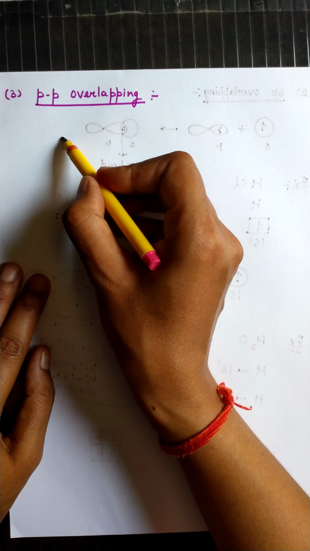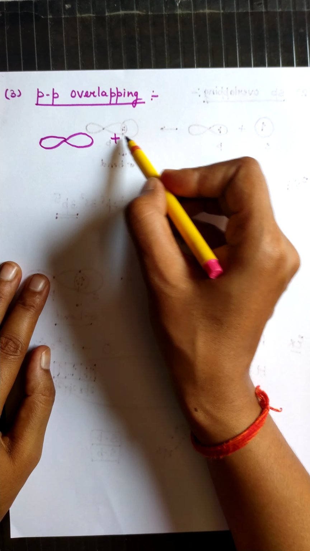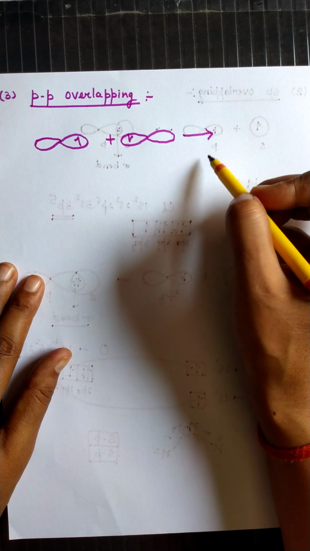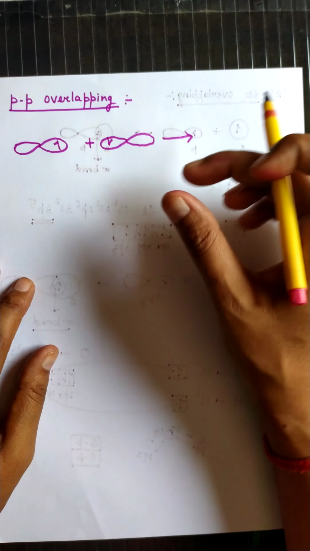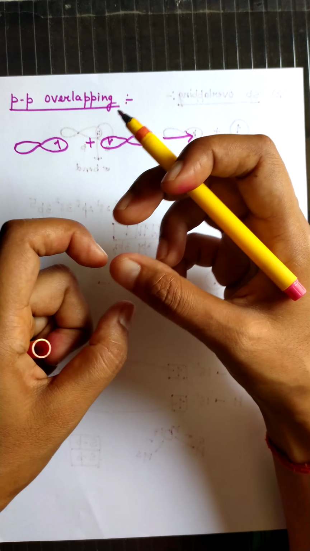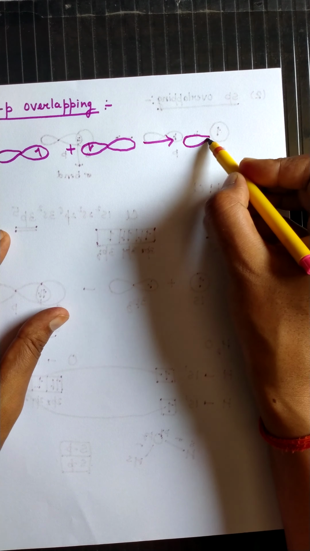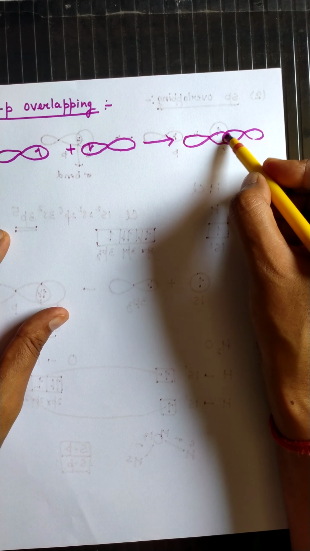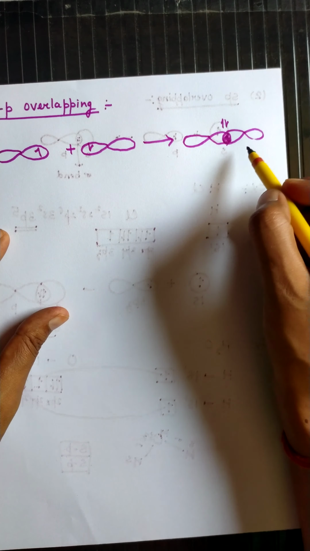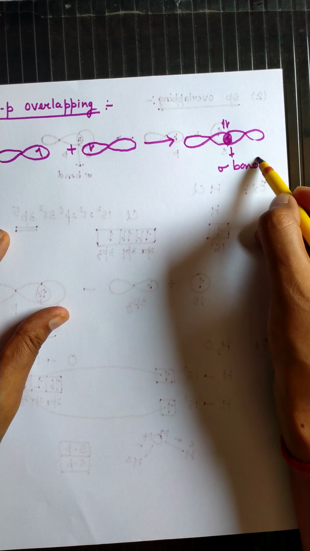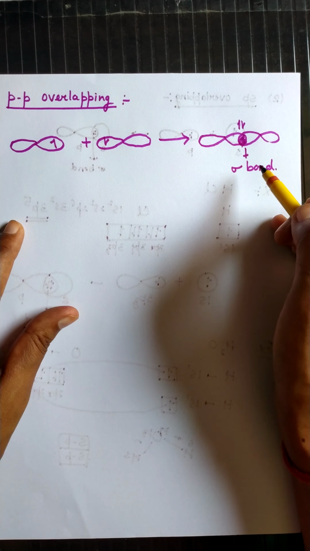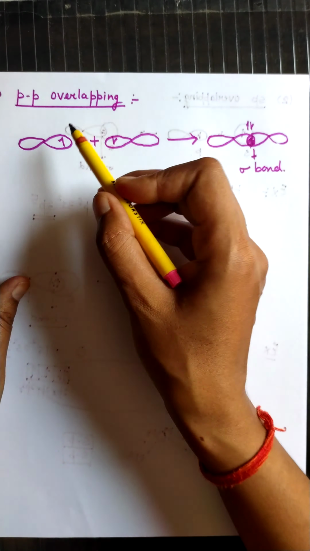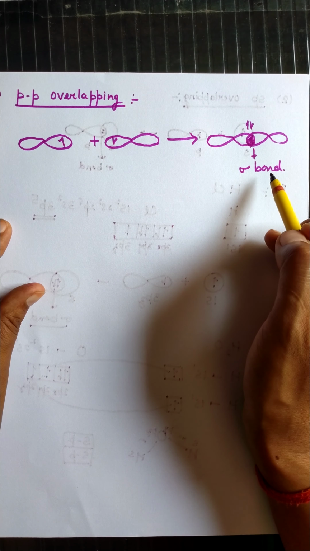In this overlapping, two p orbitals having electrons of opposite spin get overlapped with each other head on, means at the top. इसको कहते हैं हेड ऑन, मीन्स दोनों के हेड ओवरलैप कर जाएंगे. तो हमारे पास में डायग्राम है वो कुछ इस तरह का आएगा. यहाँ पे दोनों इलेक्ट्रॉन है, ठीक है, मैं इसको इस तरह शेड कर देती हूँ, दोनों इलेक्ट्रॉन यहीं प्रेजेंट हैं, and this bond formed is called sigma bond. तो आपको ये भी ध्यान रखना है कि किस तरह से सिग्मा बॉन्ड बन रहे हैं: sp overlapping से, ss overlapping और pp overlapping. When head on is there, then sigma bond will be formed.